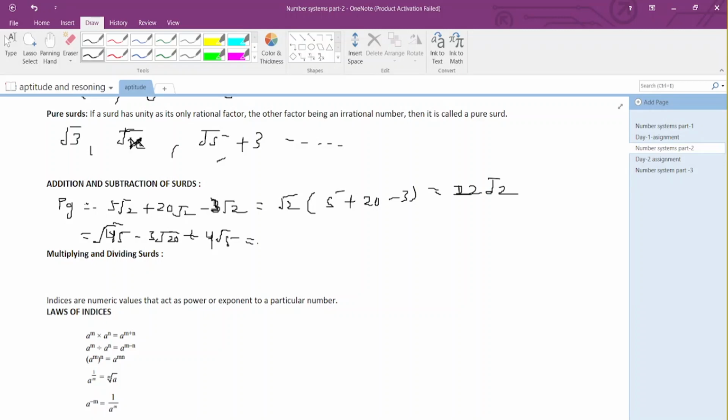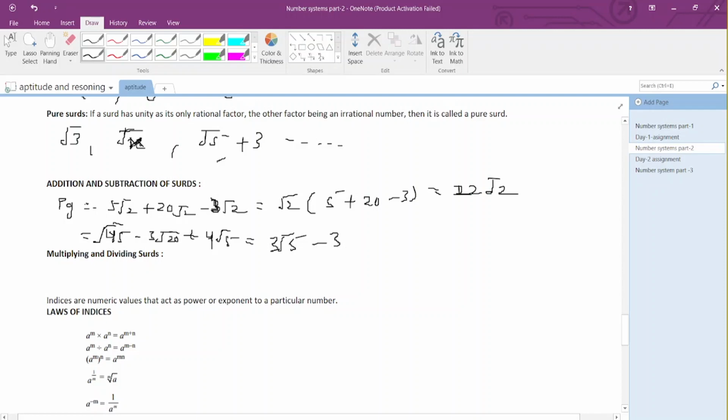Now if you solve this way, you can find there is a common term, root 5. Then you can take out that root 5 and directly solve the question. Let's solve this. Root over 45 we can write as root 9 into root 5. Root over 9 is 3, and then root over 5 minus 3 root over 20, which is 4 into 5. Root over 4 is 2, right?